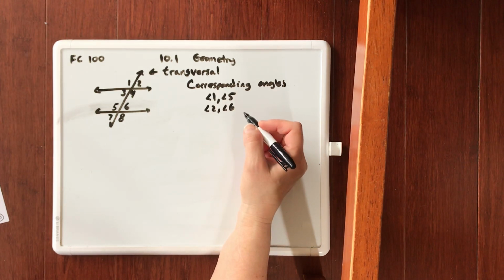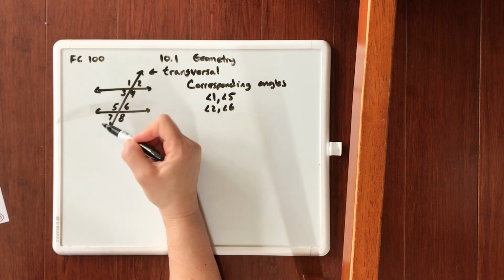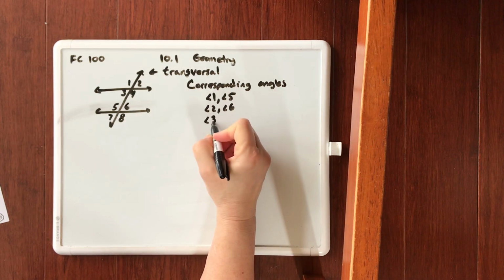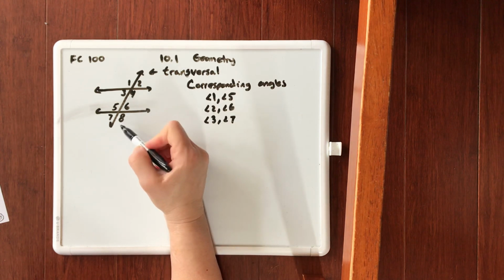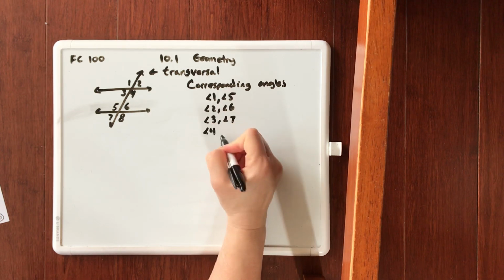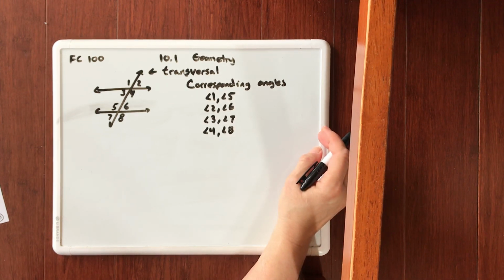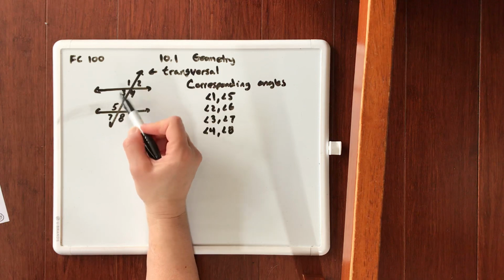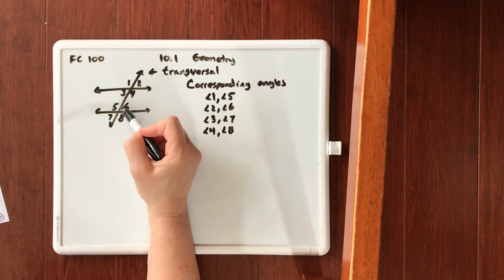You see any more? Yes, of course. We see these bottom left, angle 3 and angle 7. And then we have these bottom right, angle 4 and angle 8. If you look at angle 1 and 5, they look like they have the same measure.